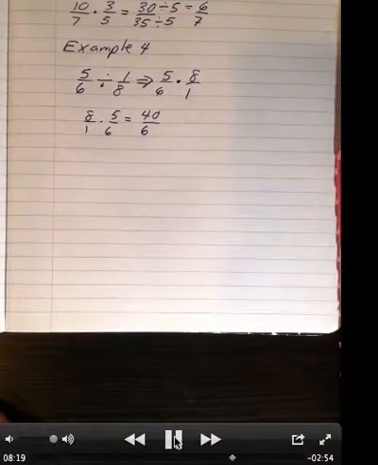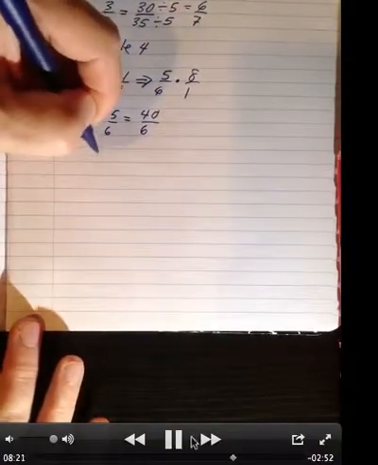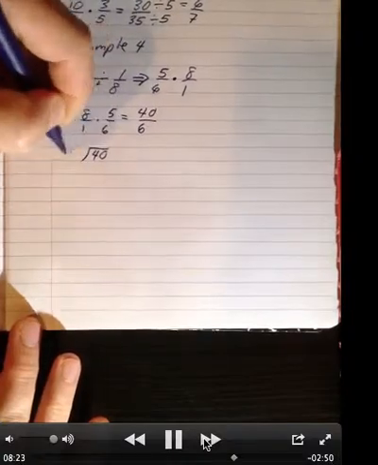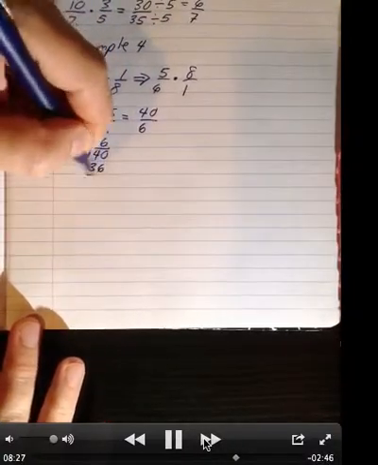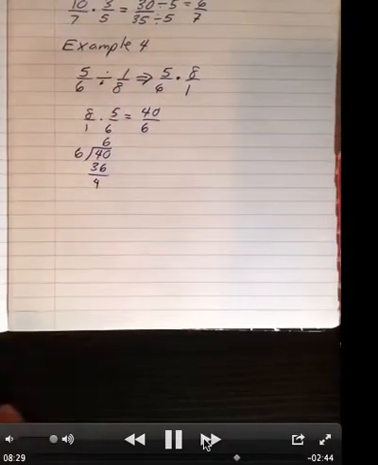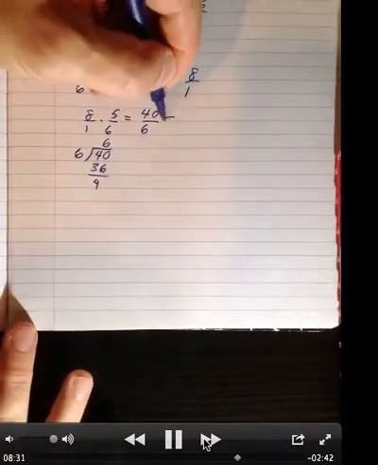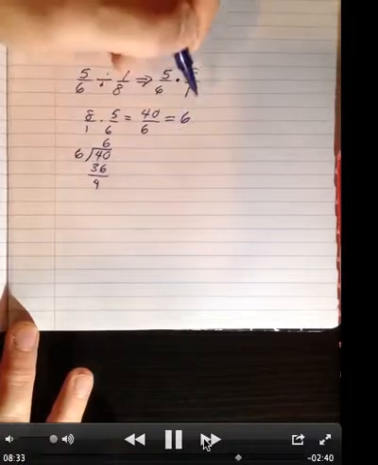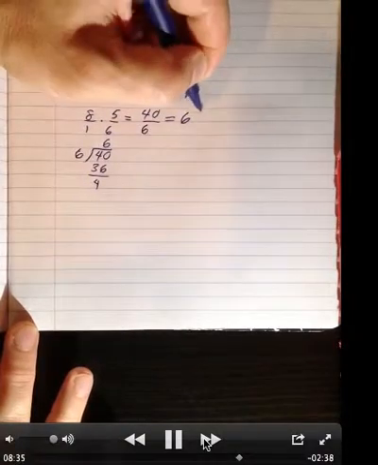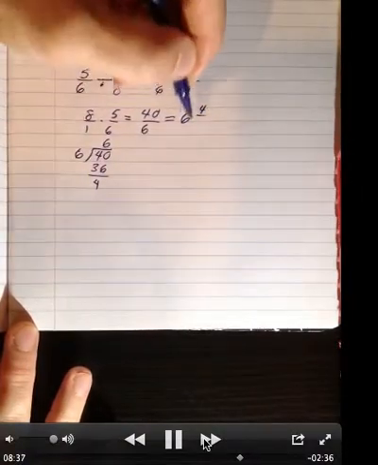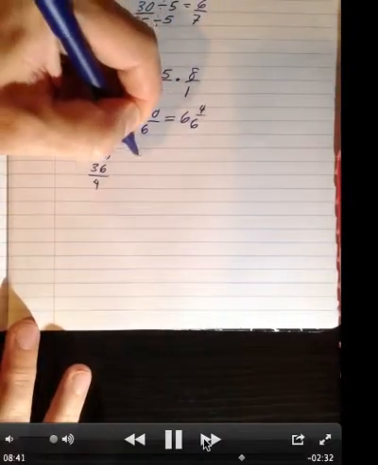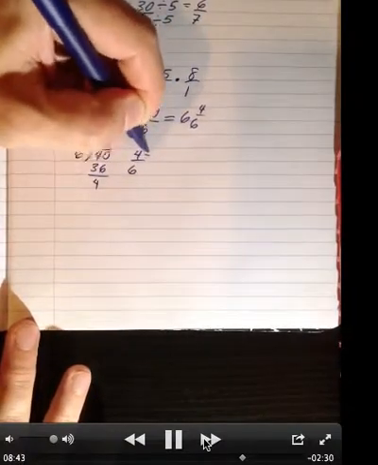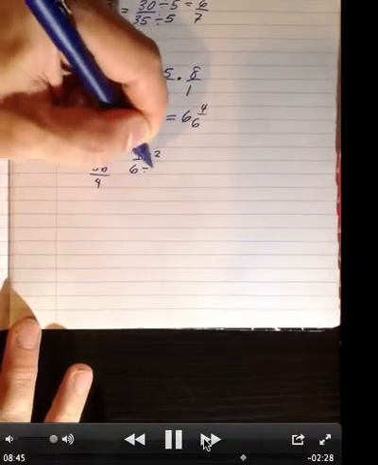And that's just a division problem, 40 divided by 6. Six goes into 40, 6 even times with 4 left over, so that's the fraction 6 and 4/6. 2 goes into both 4 and 6, so that simplifies to 6 and 2/3.